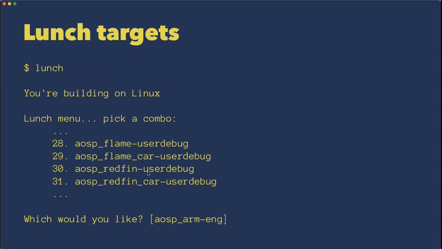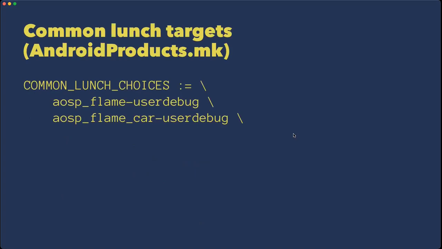So they don't know that you can actually do engineering build and user build as well. If you check in the Android products on the product that you're working on, it's going to have these lines here in the bottom, saying which are the common launch targets that are going to be included when you run launch without parameters. Now, if you want to add engineering and user build here, then you just add those lines in here.